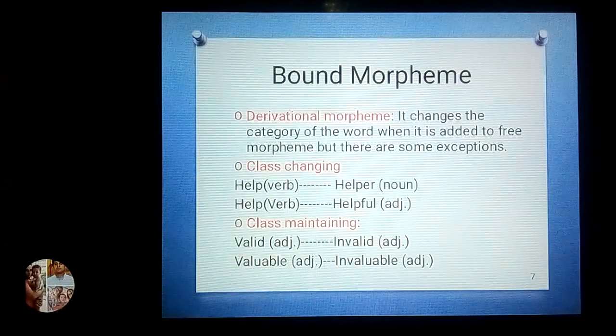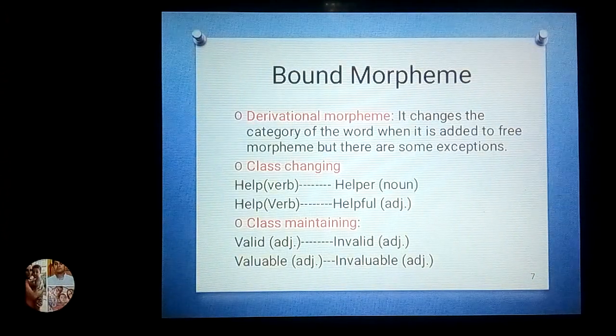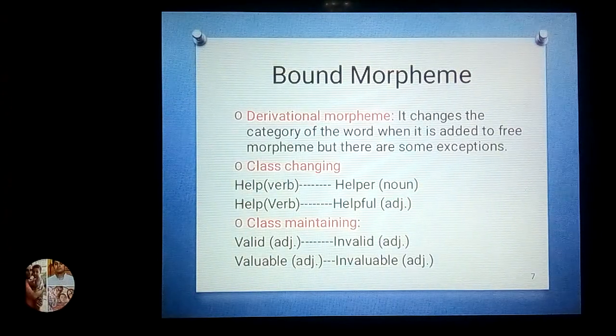In this example, er is added to the word help, it becomes a noun, and ful is added to the word help, it becomes an adjective. So it changes grammatical category. One is verb and the others are noun and adjective.